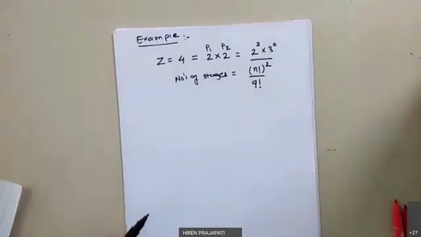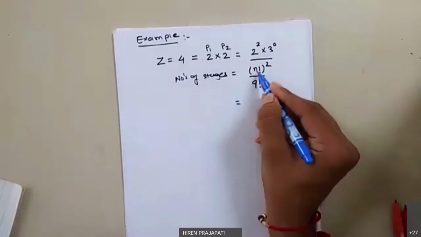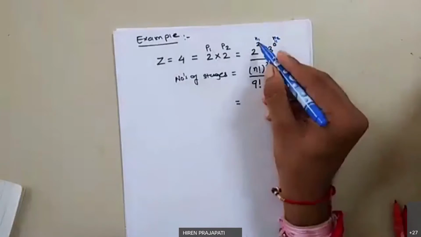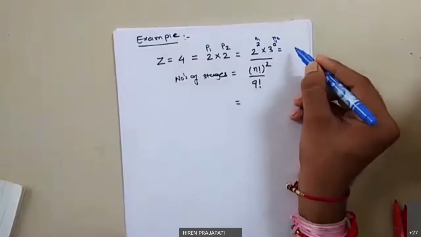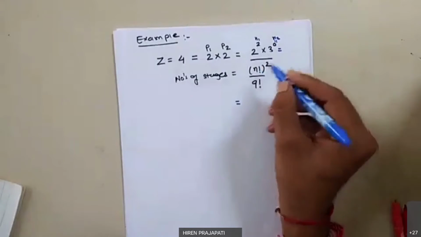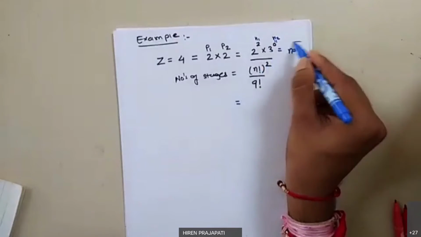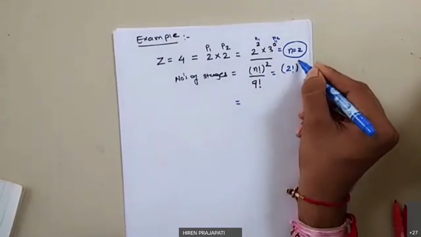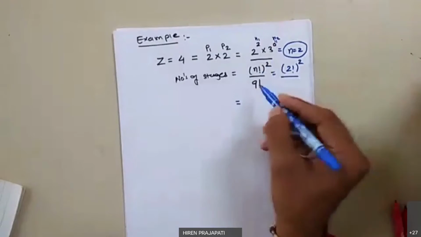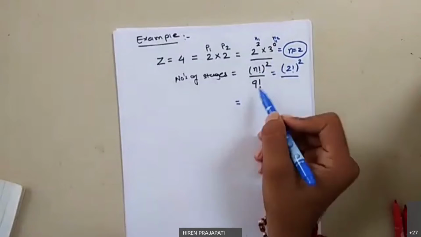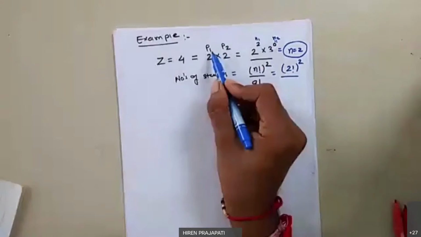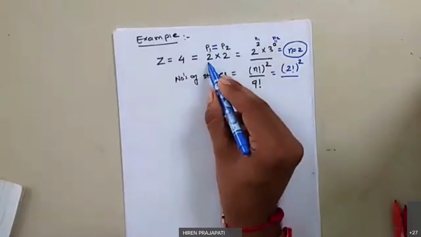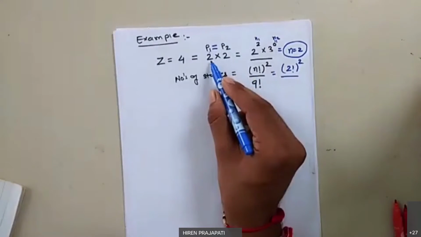Here n is n1 plus n2, so n2 is 0, n1 is 2, and n is equal to 2. So if we put n equal to 2 here, that's 2 factorial square, right? And q is the redundant number of p. Here p1 and p2 are both equal. First we need to go for 2 stages. From this we can identify the number of stages.